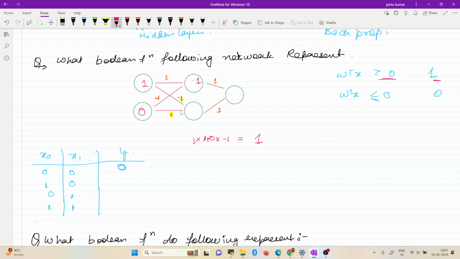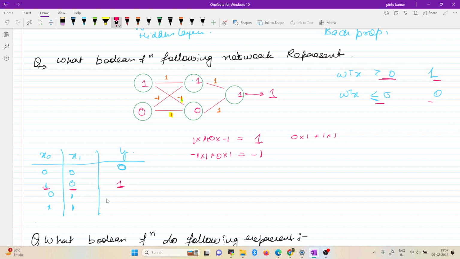For this one, this is minus 1 into 1 plus 0 into 1. This is minus 1, and minus 1 is less than or equal to 0, so the output for this should be 0. Now this is 1 into 0 plus 0 into 1. The value is 1, so the output should be 1. So the output of this network for the value 1 comma 0 is 1.